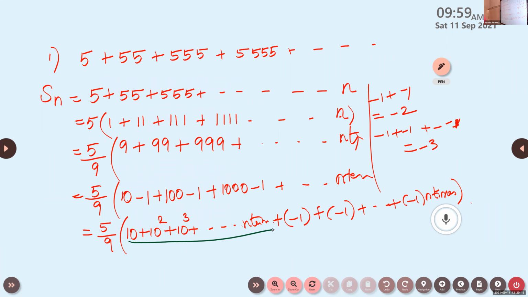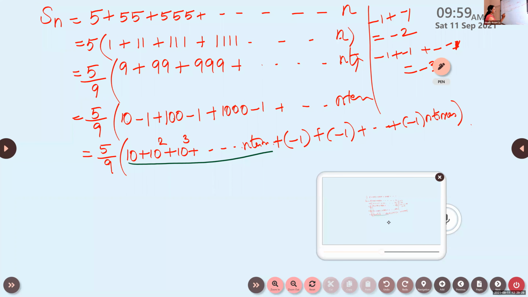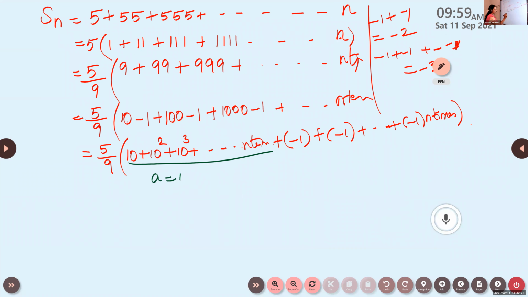is it a GP? 10, 10 square, 10 cube plus etc. up to n terms. Is it a GP? Yes. So sum to first n terms of a GP. Apply the formula there. So what is the first term here? First term is 10. What is the common ratio? Common ratio is also 10.